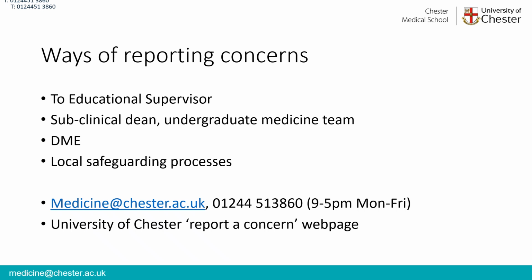In terms of raising concerns to the university, you can use the medicine@chester.ac.uk email address, and the phone number listed there is manned Monday to Friday 9 to 5. There is also an external web page that you can access if you type into a search engine University of Chester report a concern.